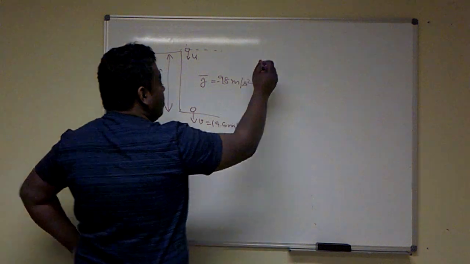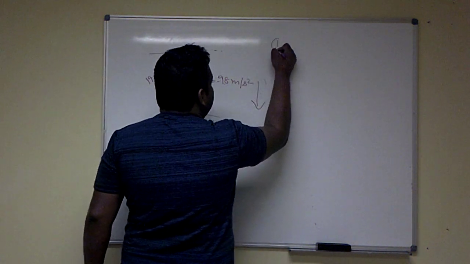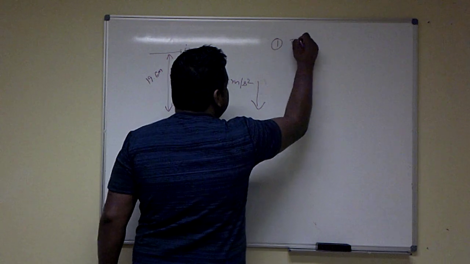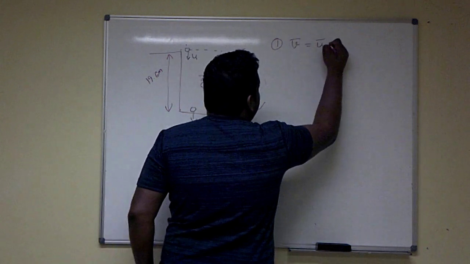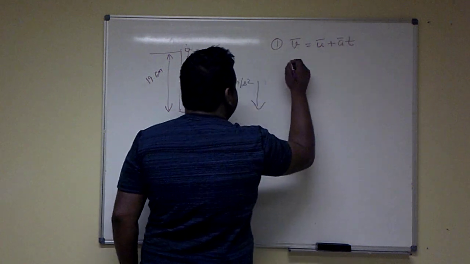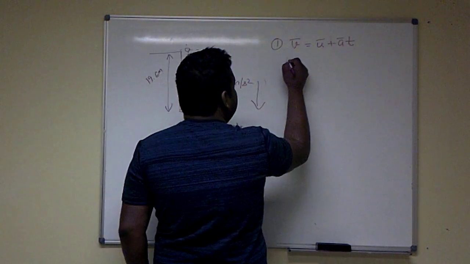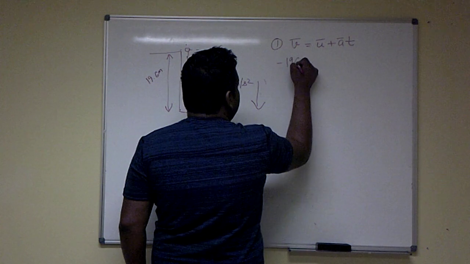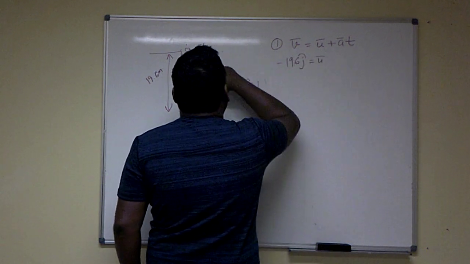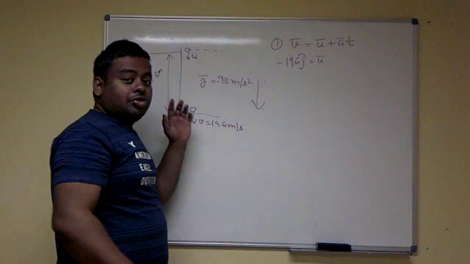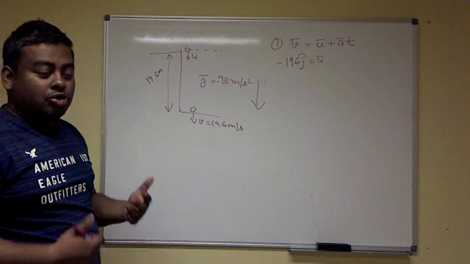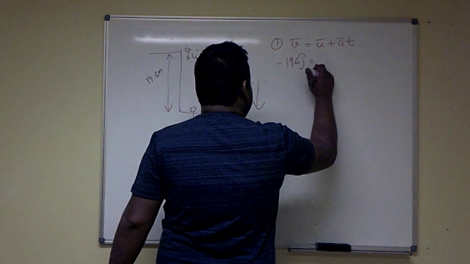So again, we are going to throw in our first equation of motion, which is a vectorial equation written as v vector equals u vector plus a vector times t, the final velocity being negative 19.6 j cap. We don't know the initial velocity u vector. We know that it's going to be along j cap, but we don't know for sure how much the magnitude is.